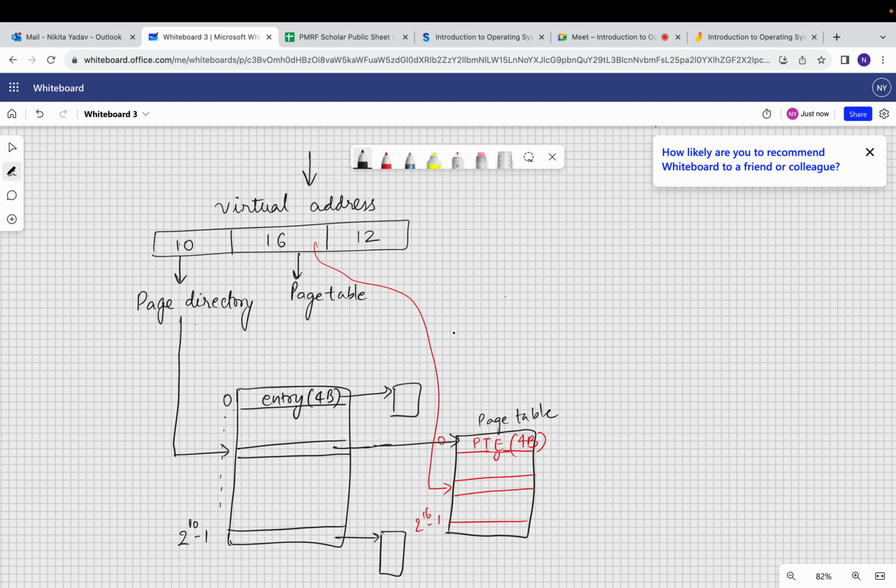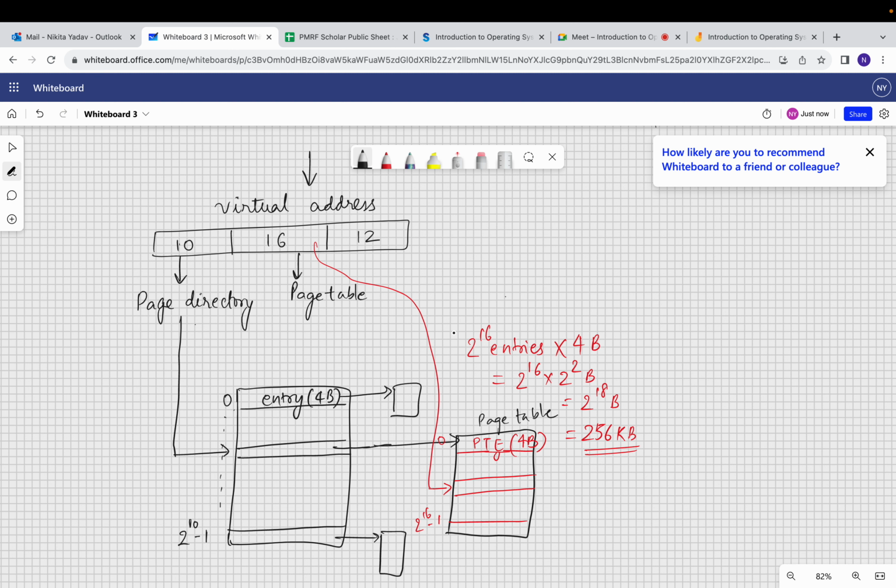So one single page table has 2 to power 16 entries, and each entry is of size 4 bytes. That is 2 to power 16 into 2 to power 2 bytes, which is 2 to power 18 bytes, or 256 kilobytes. So your answer is 256.